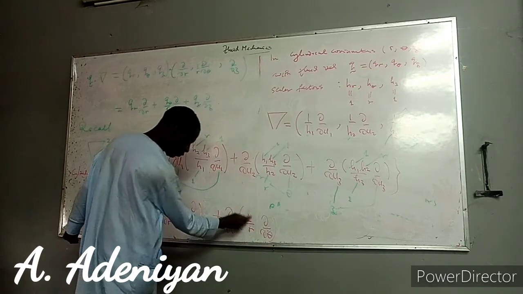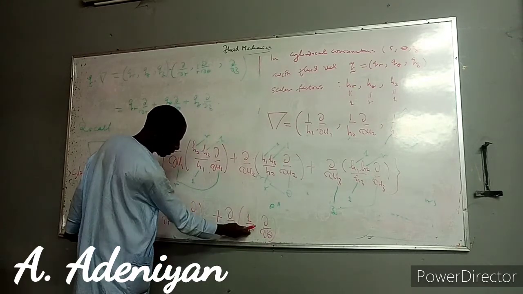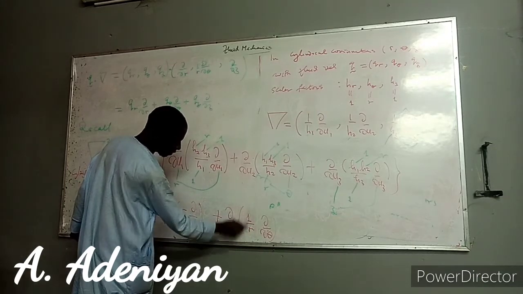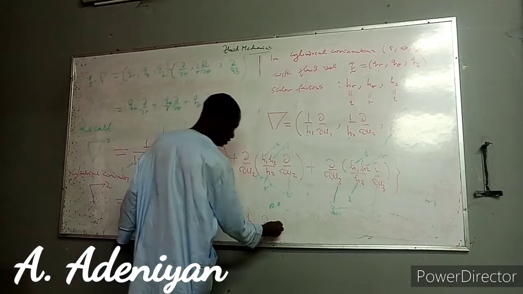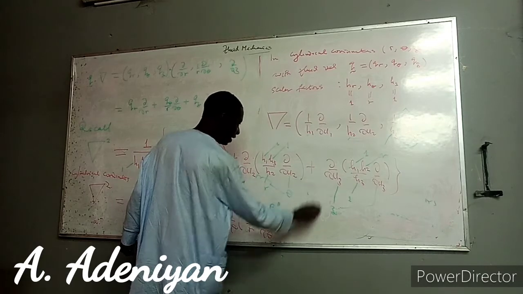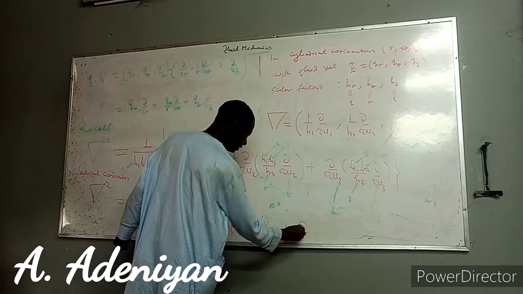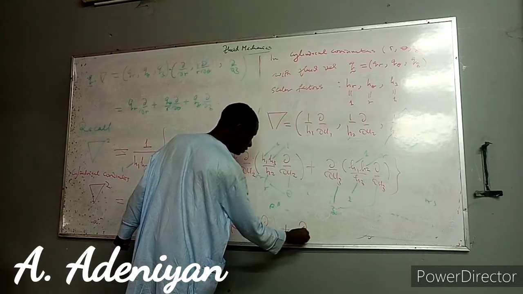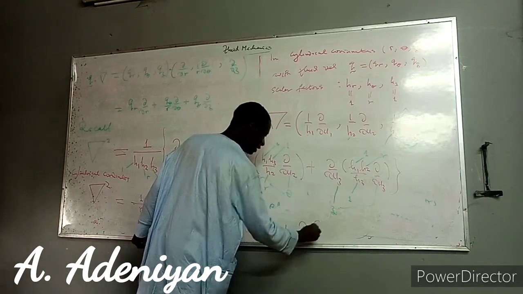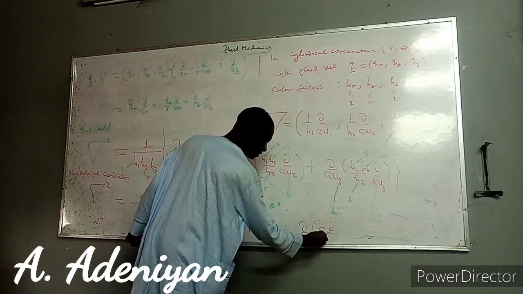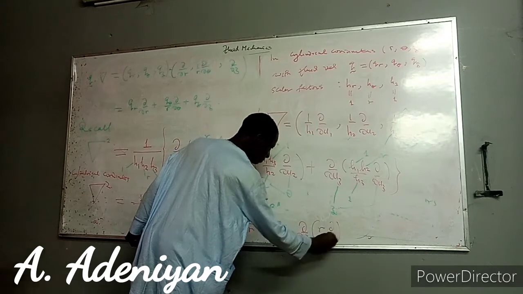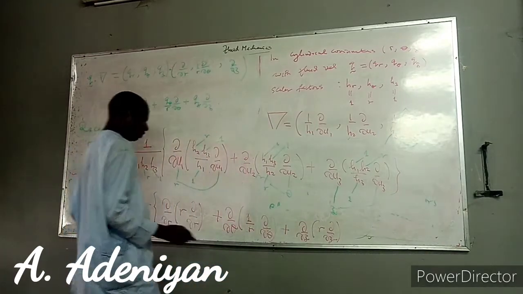Of course, this one can be pulled out because it does not depend on r, it's only theta. Then plus finally ∂/∂z of r times ∂/∂z, all over r. So that is what that operator will give you.